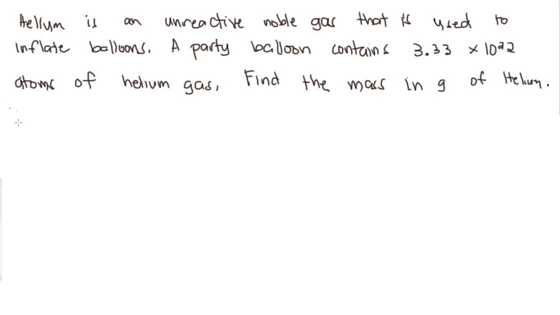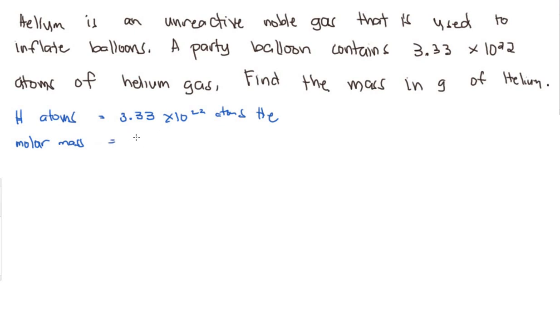The given, the number of atoms. Number of atoms is equal to 3.33 times 10 raised to 22 atoms of He, or helium. The next is we need to get the molar mass of the helium.